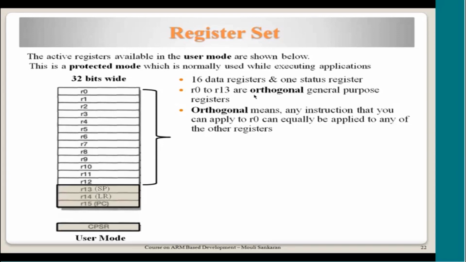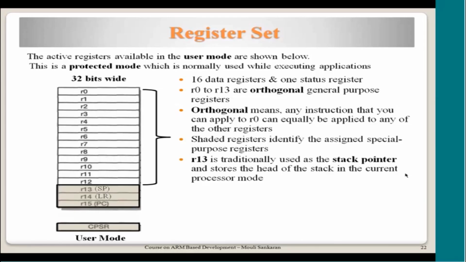So these registers can be used in the instructions where any one of them could be used. That means you can comfortably use them based on which is occupied by some other value and which one is free for you to use in your assembly instruction. Now what do the shaded registers identify? They identify some special purposes. I talked about a lot of things about the stack in the previous discussion.